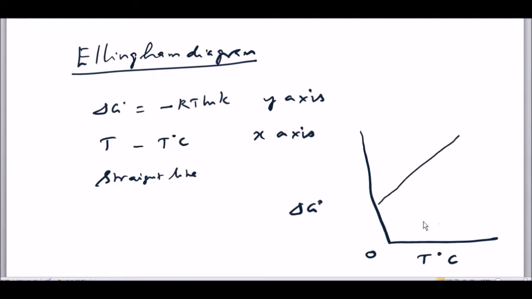It's one of the examples. The straight line is upward sloping, which means for every rise in temperature, the delta G value increases. Suppose this is 0, above 0 you can have 100, 200, and below it minus 100, minus 200.